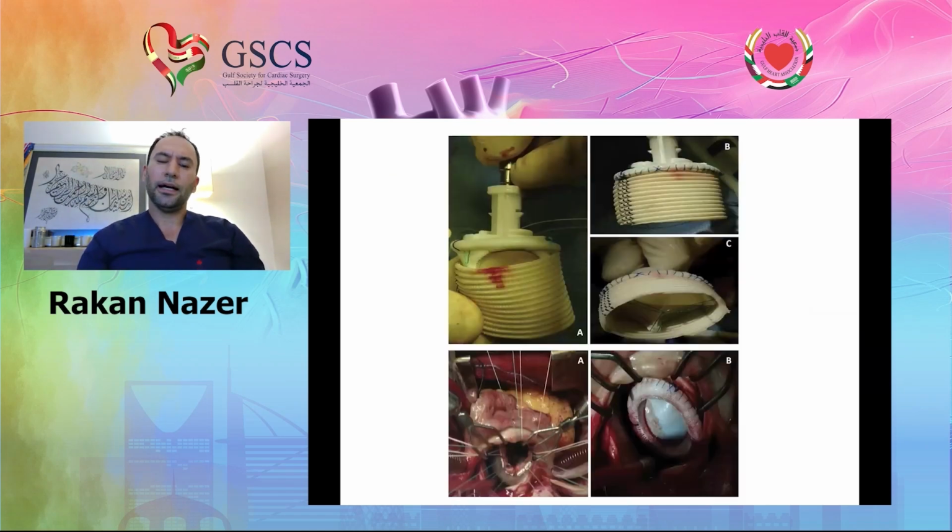This same approach can be done with a bioprosthetic valve. And again, you usually take a Magna Ease valve and sew it inside a graft that is 3 sizes above.